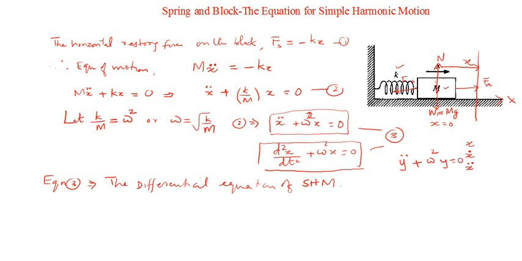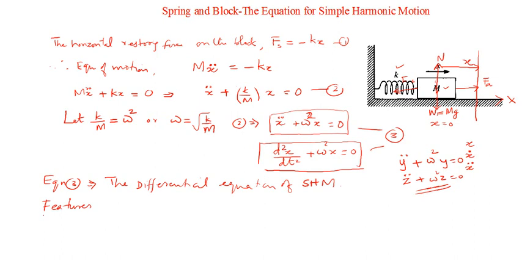If the SHM is happening along the z direction, it would be z double dot plus omega square z equal to 0. So these are the different ways in which you represent the special type of motion known as SHM.